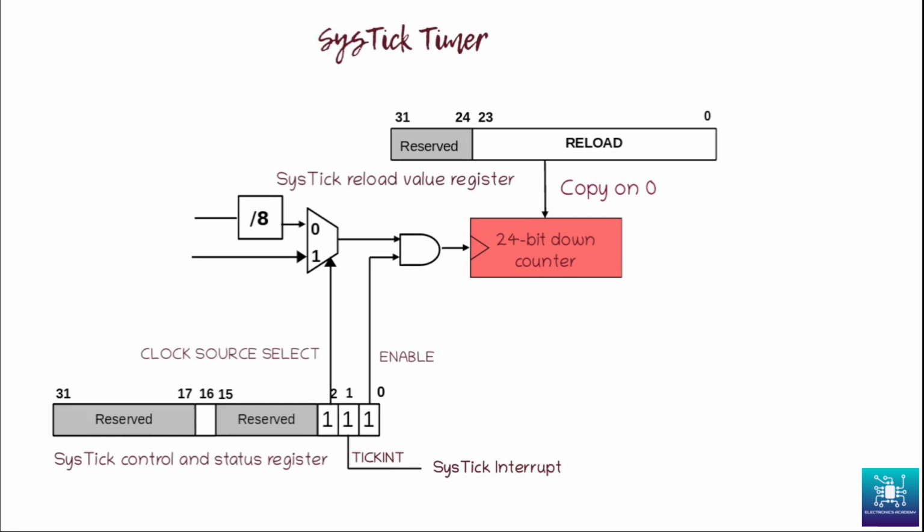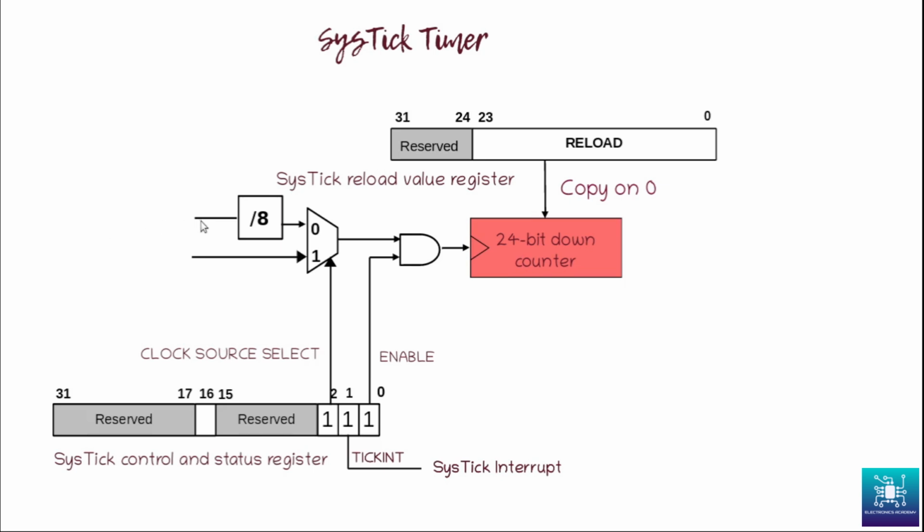So let us go through this diagram and understand how this particular timer behaves. You have the AHB bus on this end of the circuit, and the processor clock going into the timer circuit.